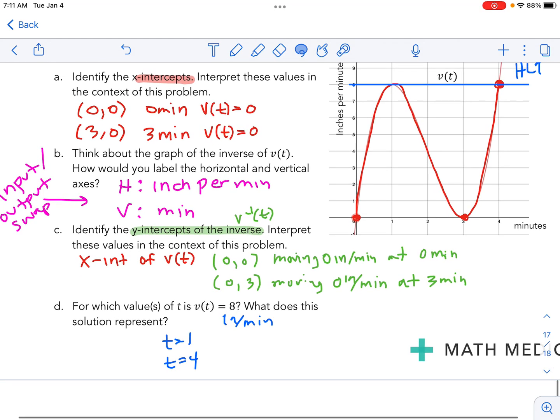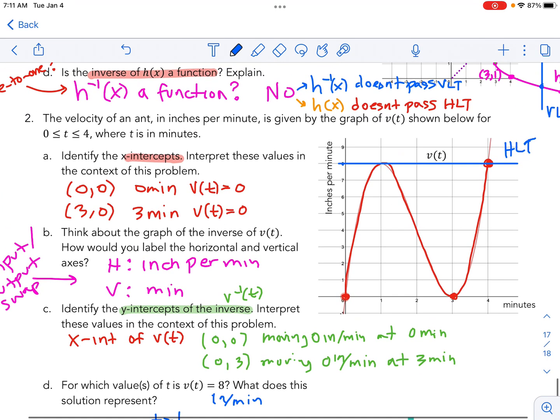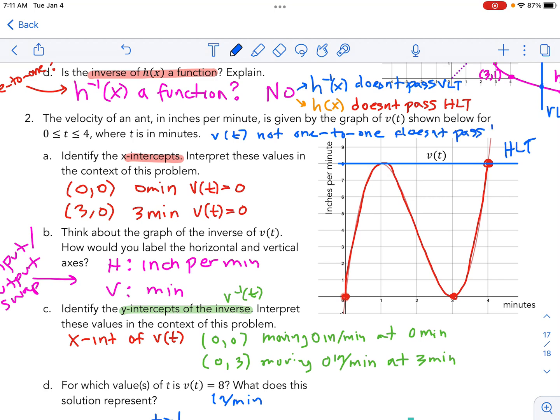So we know that v of t is not 1-to-1, because it doesn't pass the horizontal line test.